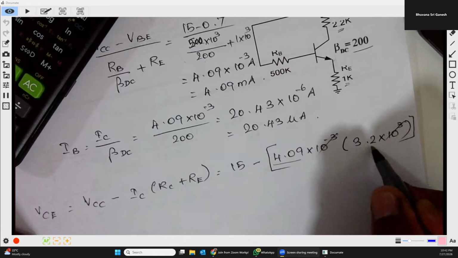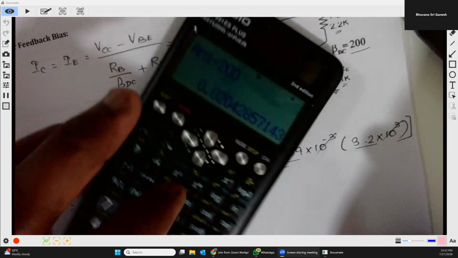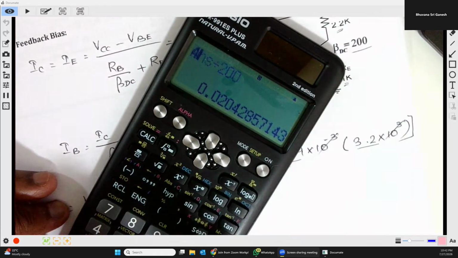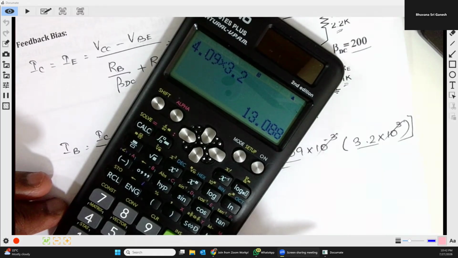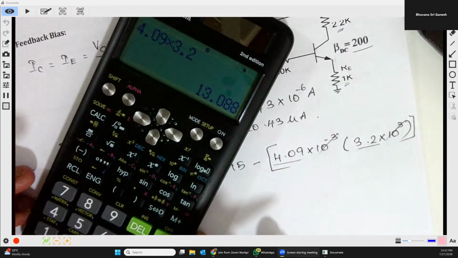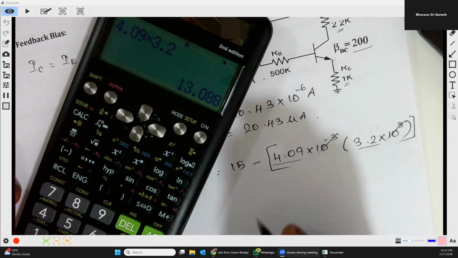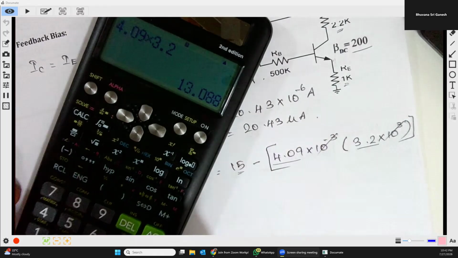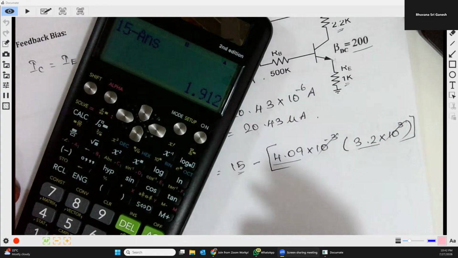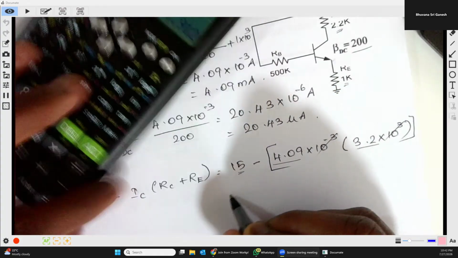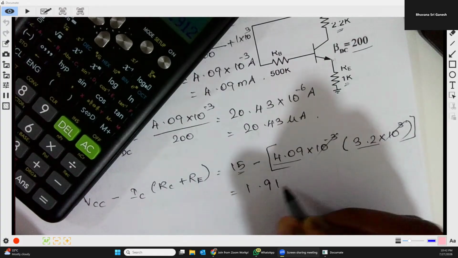In the calculator, 4.09 times 3.2 equal to 13.088, right? And then 15 minus answer equal to 1.912. So 1.91 volts.